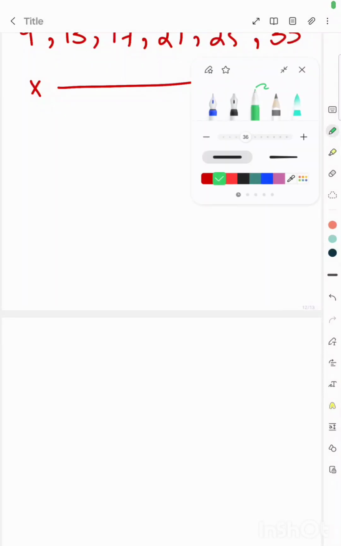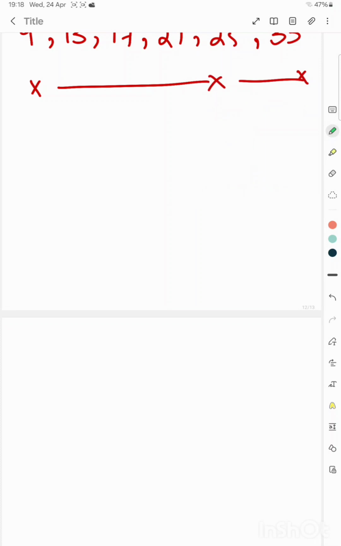Student, now I will discuss the topic related to sum of n terms. We have to find the answers or solutions related to the questions in which it is asked to find the sum of n terms of an arithmetic sequence.